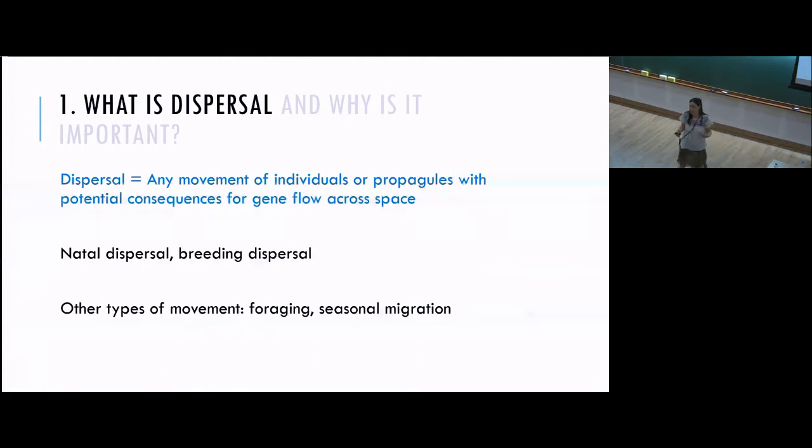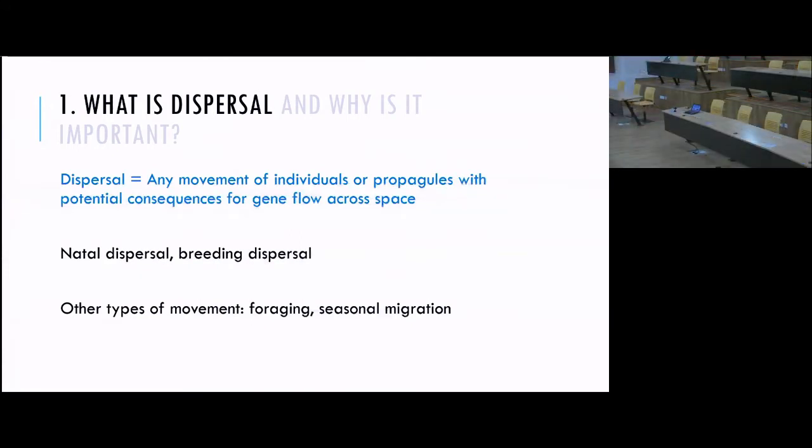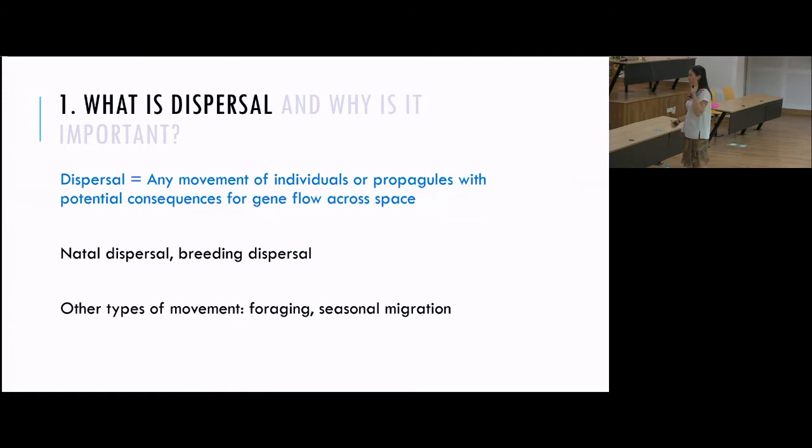So there are many other types of movement which, according to this definition, are not really dispersal. And sometimes it's not always very easy to distinguish other type of movement and dispersal. So for instance, some animal foraging for food will move through space, but if it forages and comes back to the same place to reproduce, for instance, this is not really dispersal in the sense of this definition.